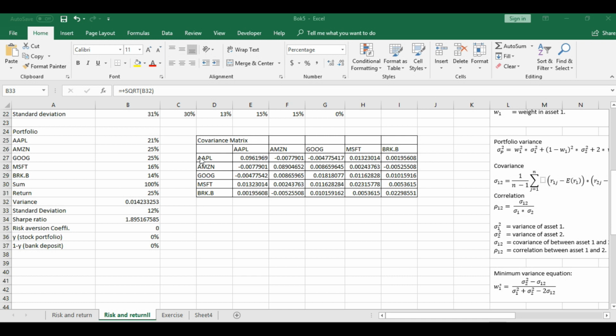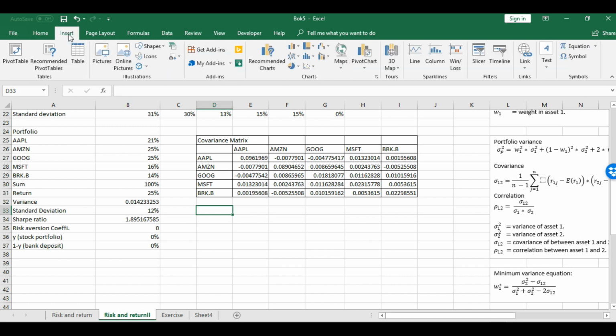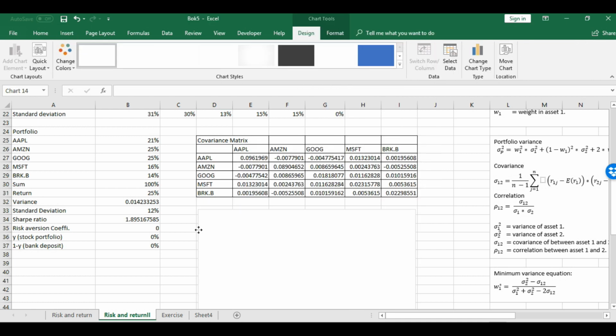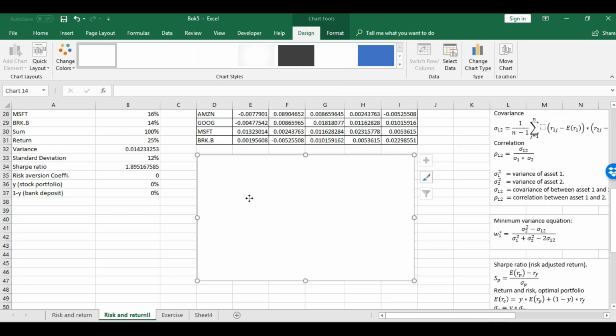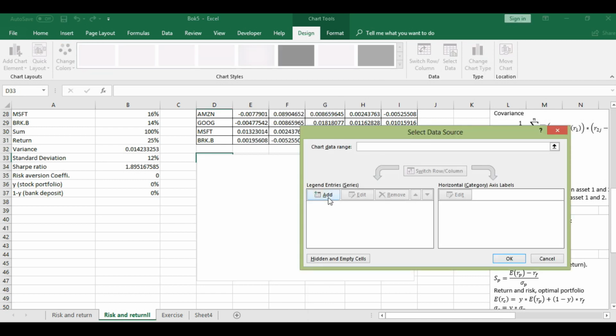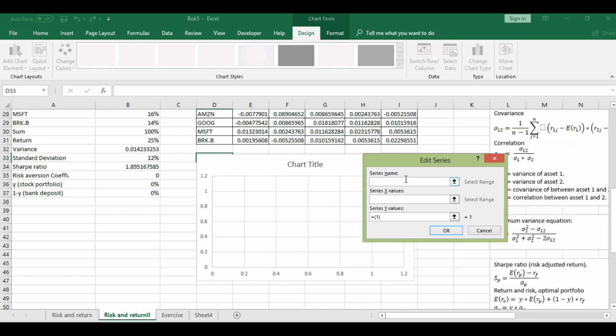Now we can draw the capital allocation line, a line that shows the return from different combinations of stock portfolio and the bank deposit. So insert, we will use a scatter chart. This one, right click, select data, and stock or portfolio return.